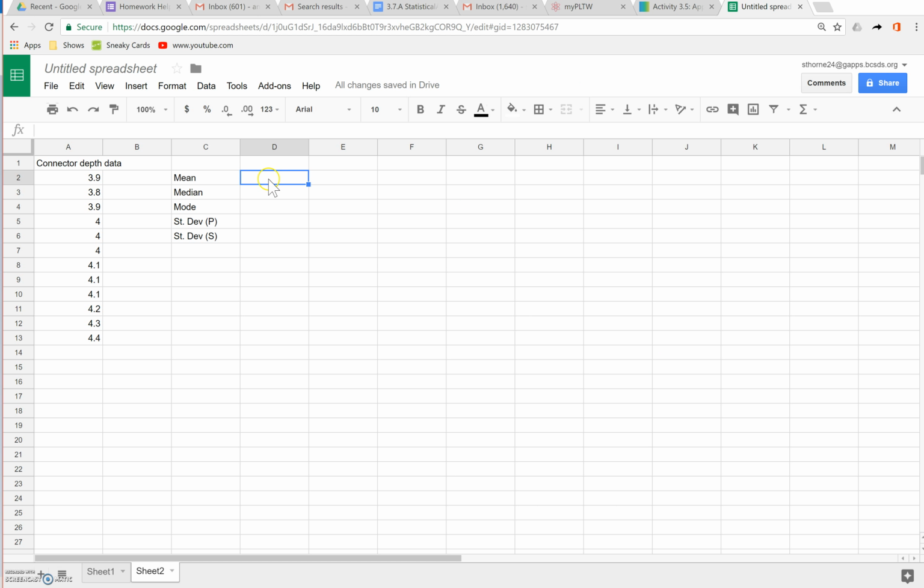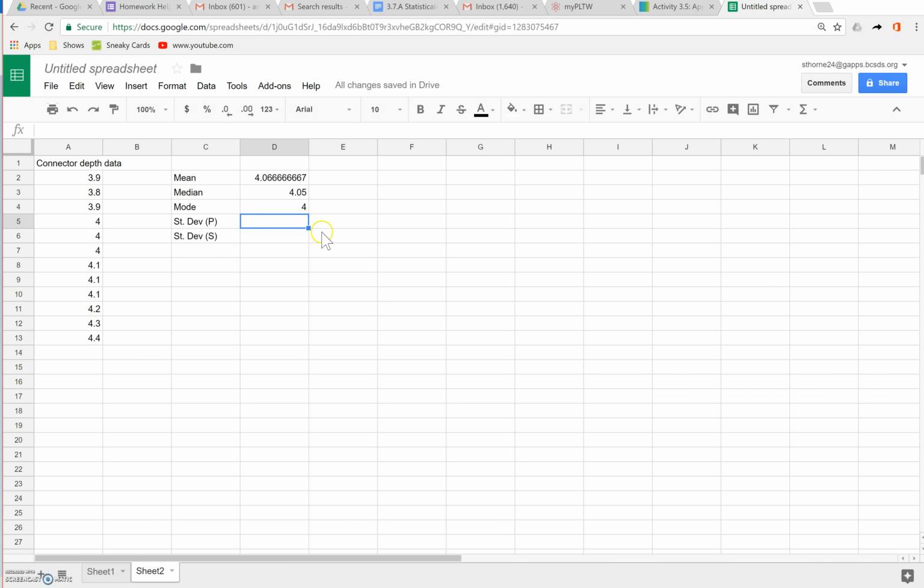Okay, so this is going to be equal to AVERAGE of this data. This is equal to the median of this same data, the mode of the data.